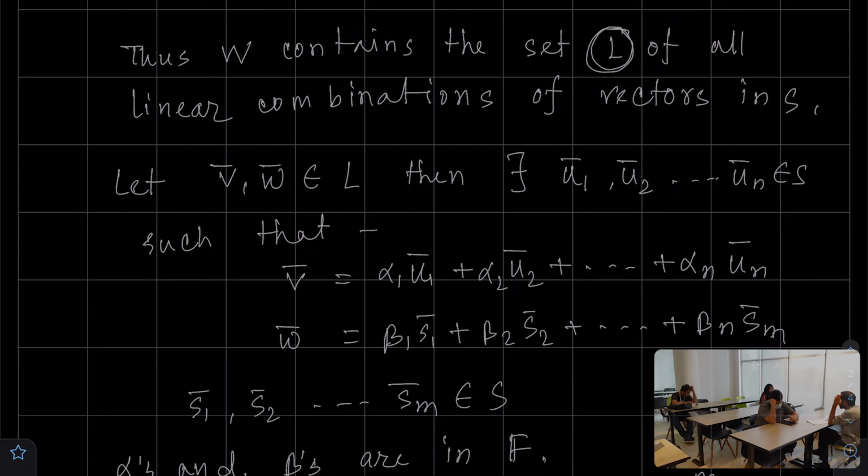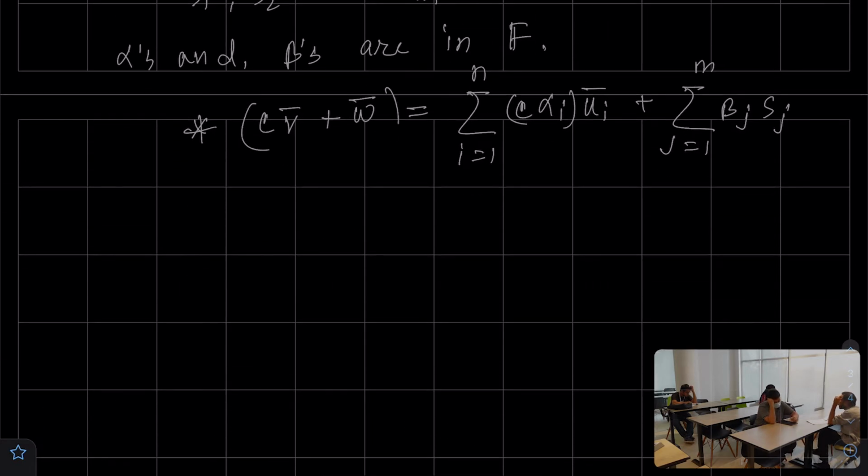So this CV plus W is also in L, because these are linear combinations of the vectors in S. And L is the set of all the linear combinations of the vectors in S. So that's why this vector CV plus W is also in L.